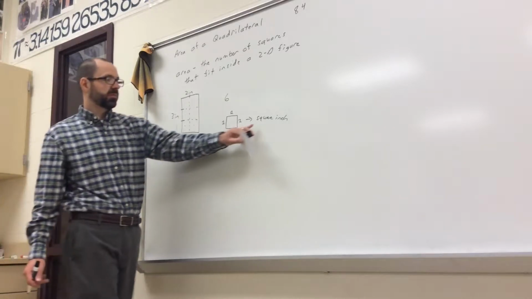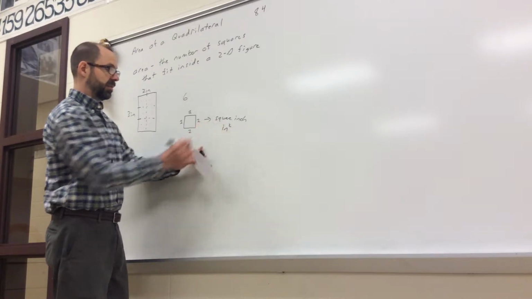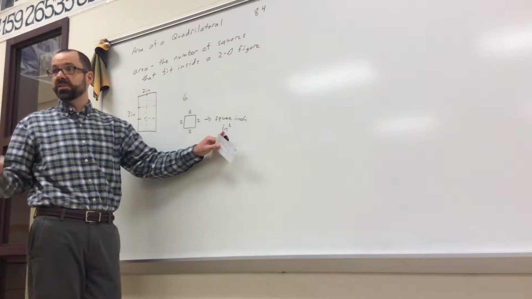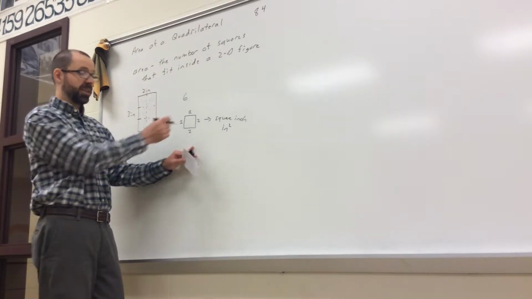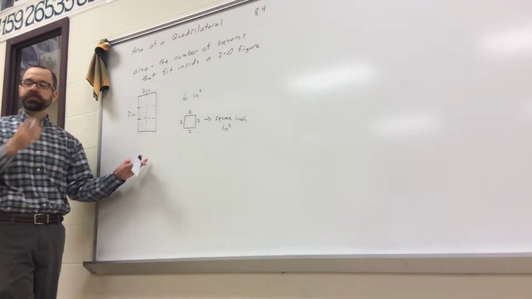But sometimes we don't write it out like this. Sometimes we just write it like this. IN with a little 2 above means square inch. It means a square that's 1 inch on every side. So this answer would be 6 square inches.